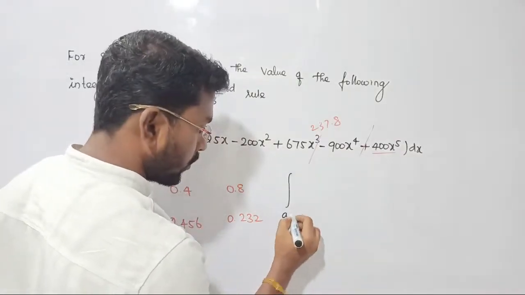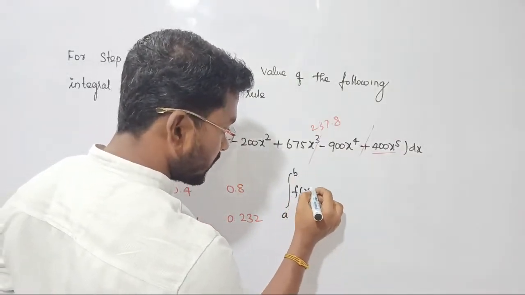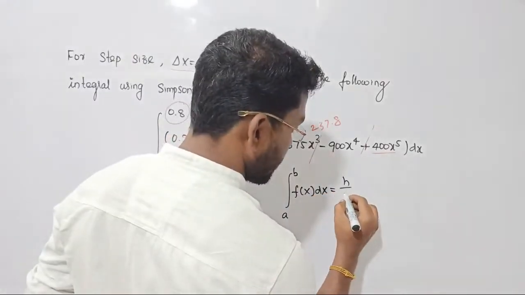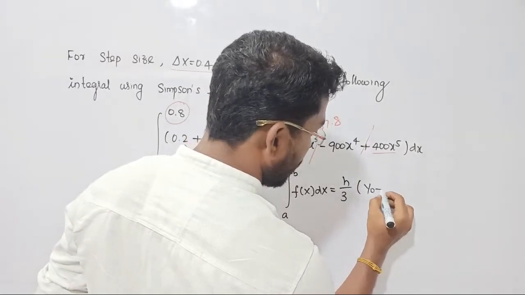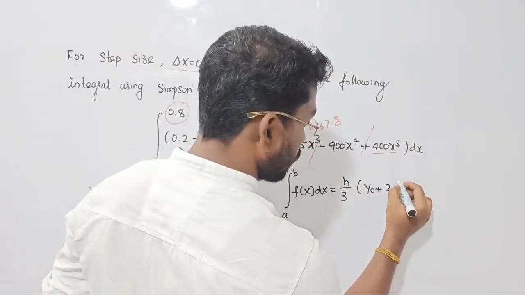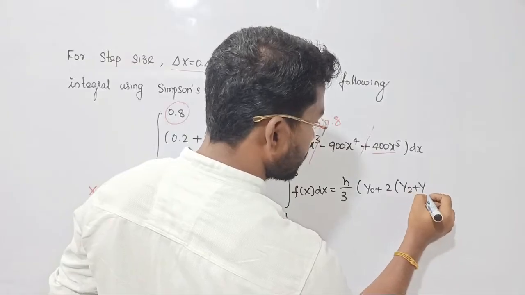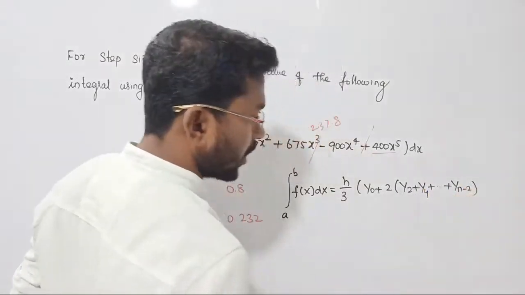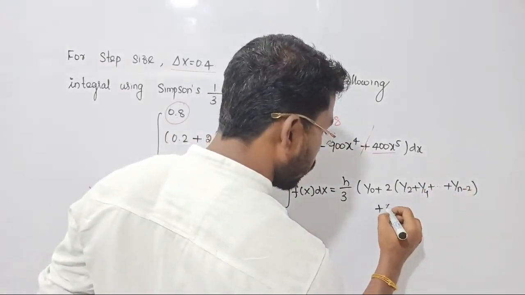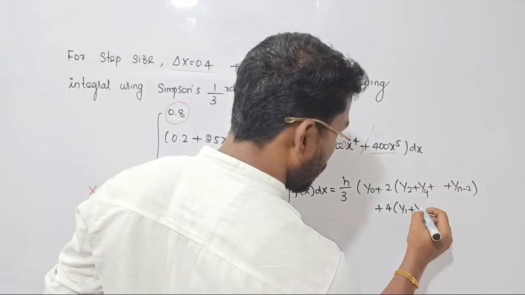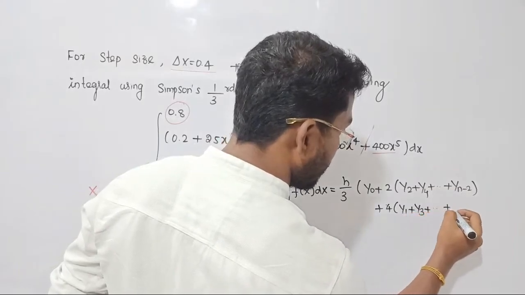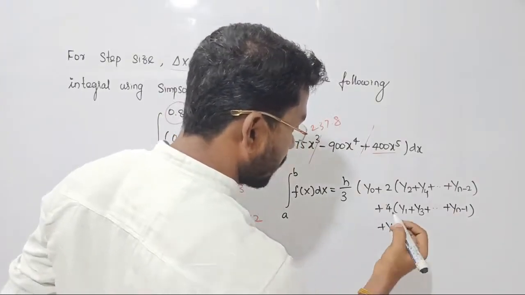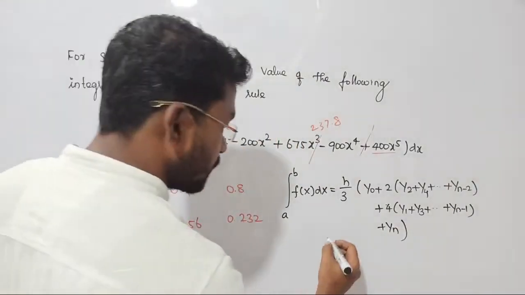We are going from a to b, integral of f of x dx, that can be estimated as h by 3 times y0 plus, in bracket, 2 into y2 plus y4 plus etc., we should travel up to yn minus 2, plus 4 into y1 plus y3 plus etc., I should travel up to yn minus 1, plus yn. Clear? That's all. Now here we have to substitute the values.